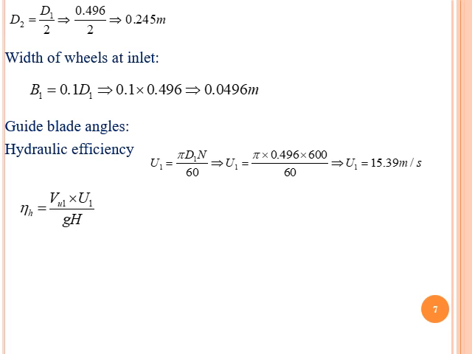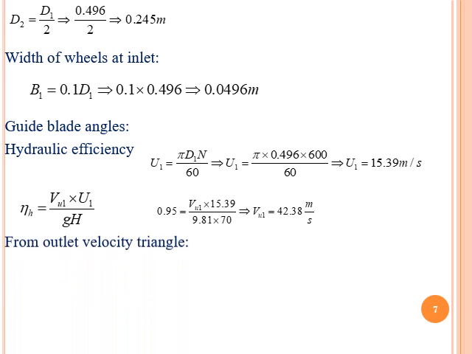Now hydraulic efficiency is equal to Vu1 into U1 by gH. Here the hydraulic efficiency is given, Vu1 is unknown, U1 value is known, g value is equal to 9.81, and head is given as 70. With respect to that, the tangential velocity at inlet is equal to 42.38 meter per second.